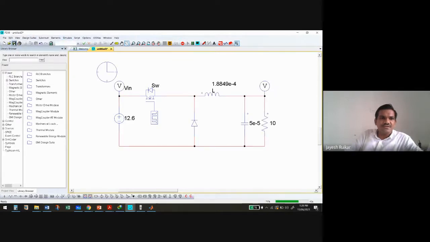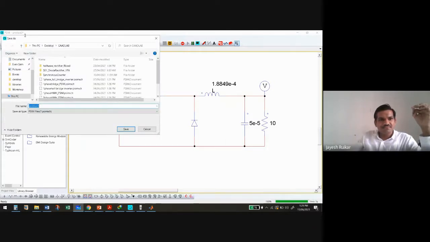Let's see this. It's already running the simulation, so we should wait. It's not responding, it's coming. We have not saved the file also.